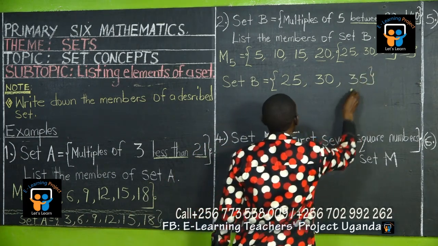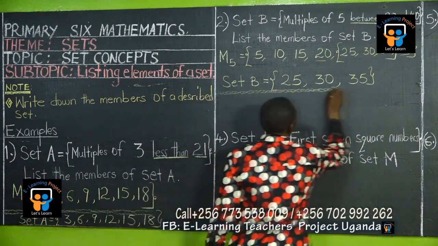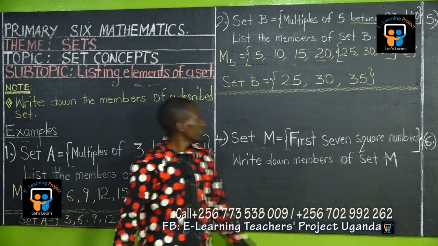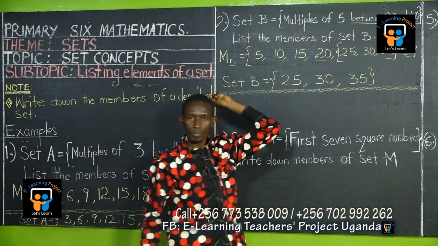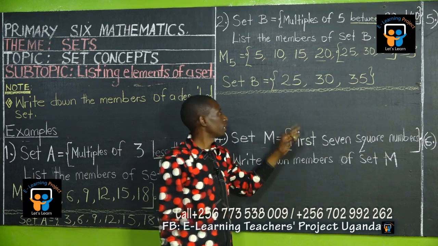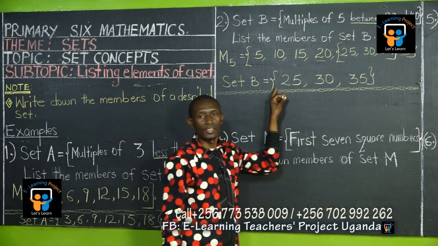We close the curly bracket, underline our answer. Yes, so they have described for us set B, and we've written members in set B. Good.